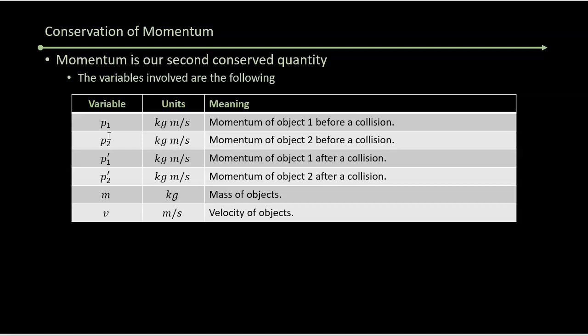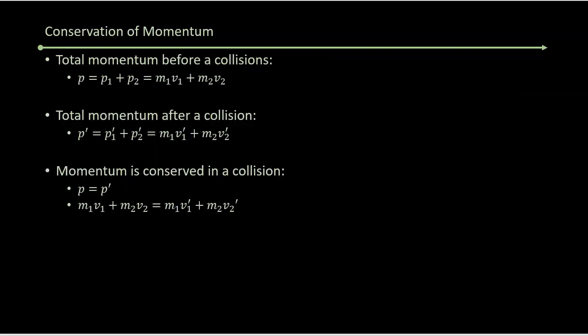So P1 plus P2 is the momentum of objects 1 and 2 before collision, and P1 prime plus P2 prime is the momentum of the objects after collision. And of course, because we're dealing with momentum, we have mass and velocity. So total momentum before collision, P, is P1 plus P2, which is just m1v1 plus m2v2.